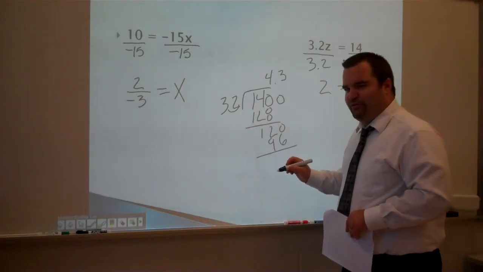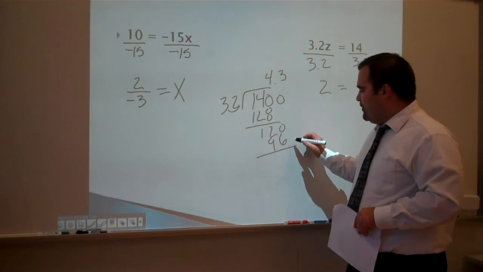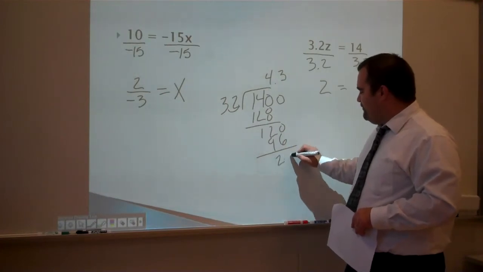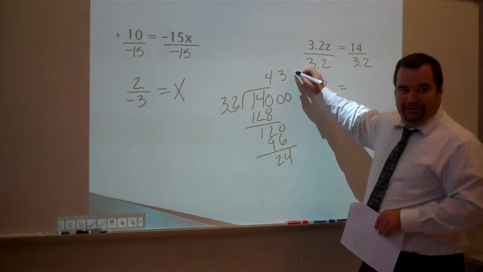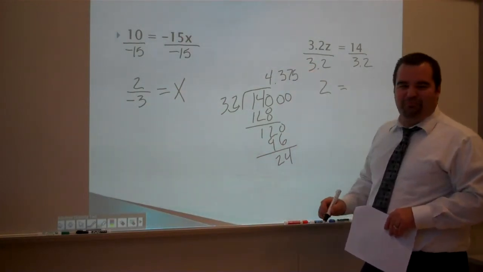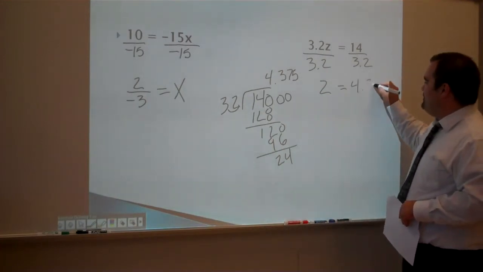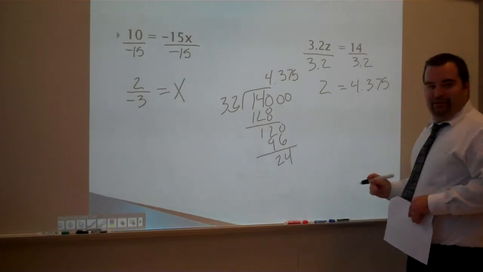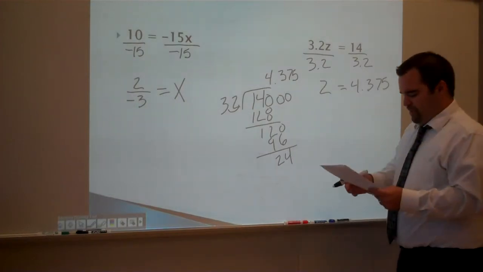I'm sure you guys all have your calculators and you're working that out correctly, right? Okay, 120 minus 96, that would be 24. Bring down another 0. And if I did my calculations correct, 4.375. Z equals 4.375. Yeah, that looks good to me. Look good to you? Okay.